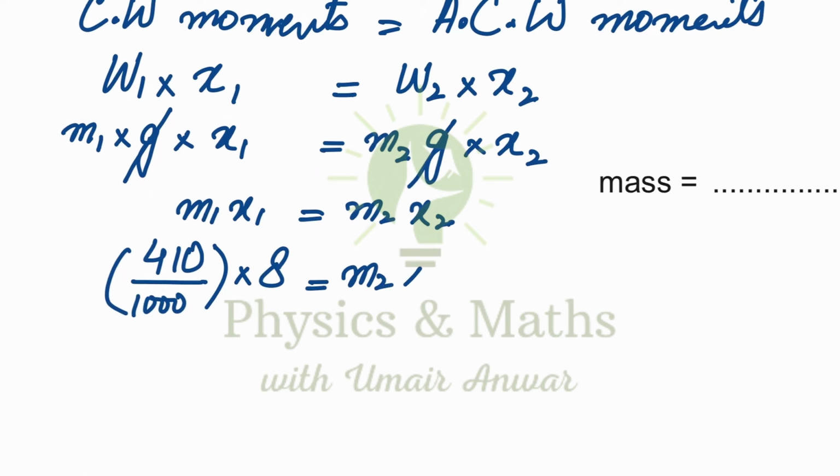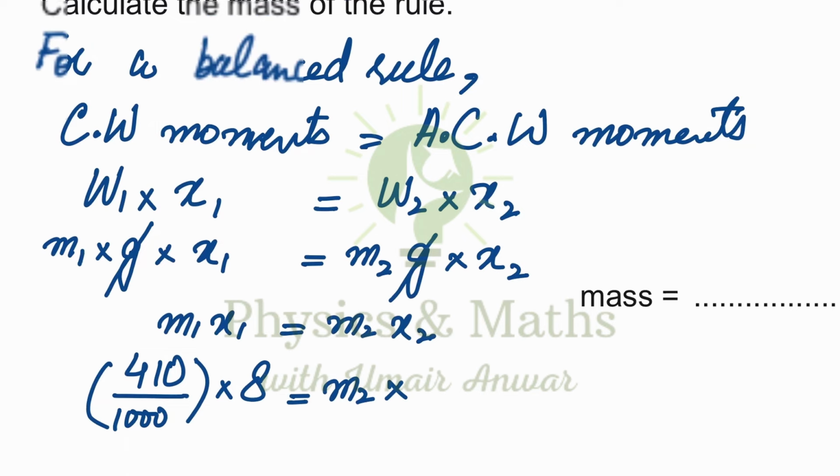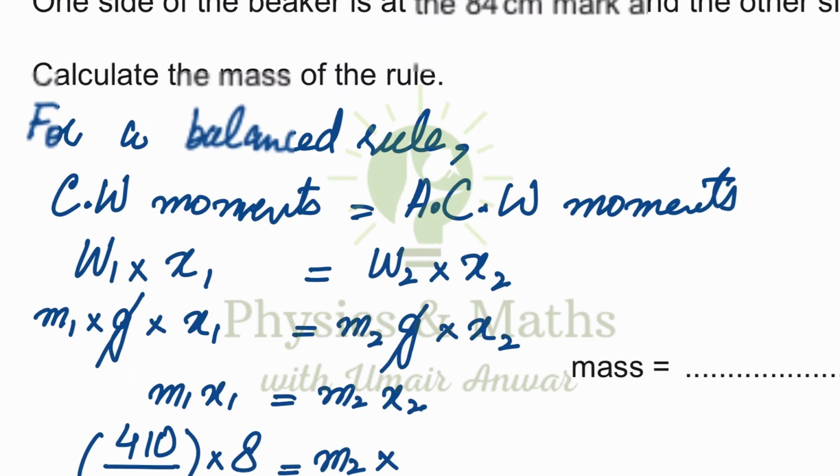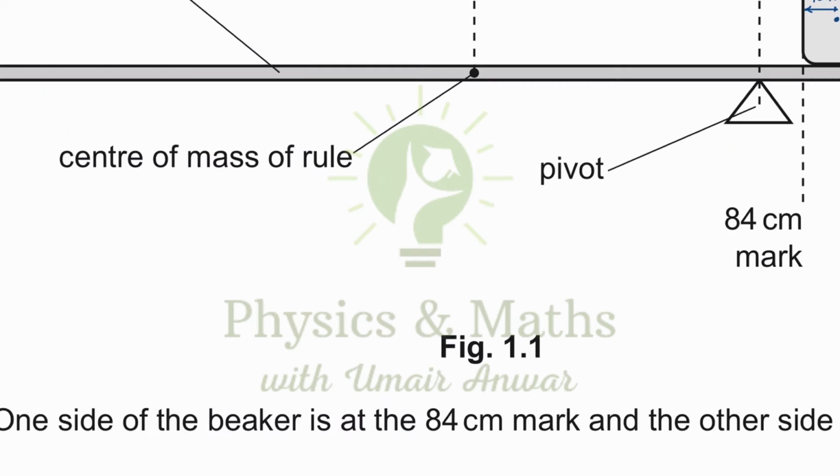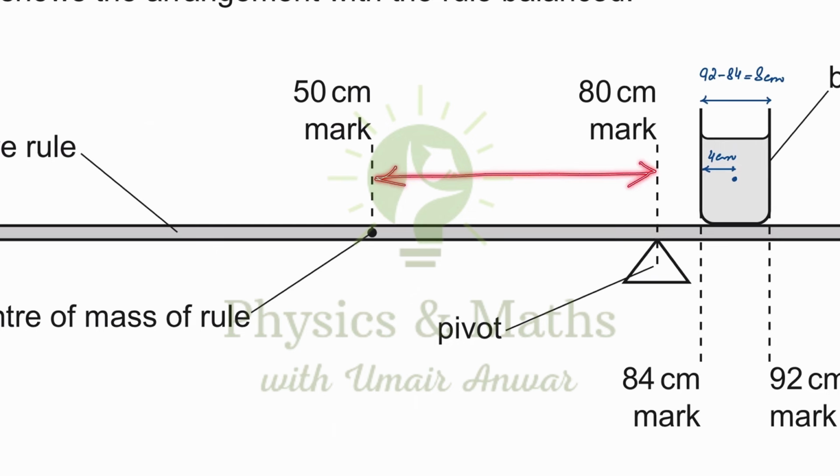M2 is to be found, and the center of mass of the rule is 30 centimeters away from the pivot. Since the center of mass is at 50 centimeter and the pivot is placed at 80 centimeter, 80 minus 50 is going to give us 30 centimeters as the distance between the center of mass of the rule and the pivot.